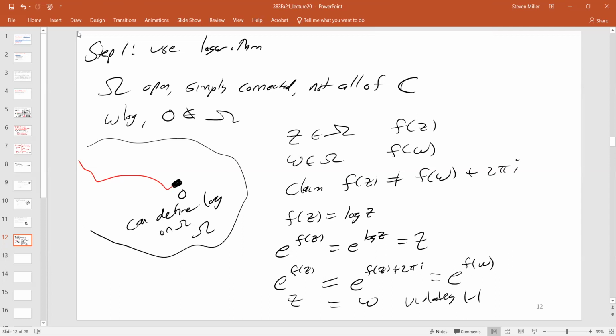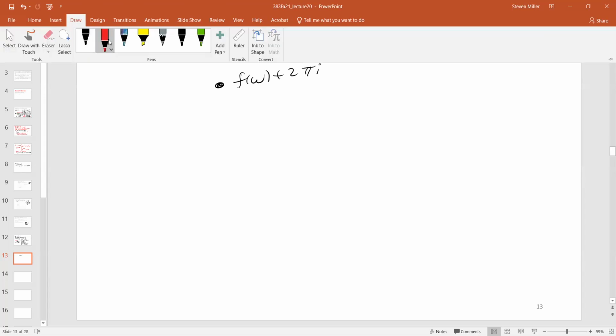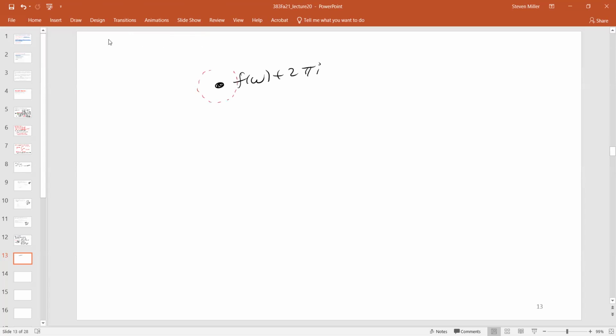So what you can basically do is you can go through and you can say that if I take on the value f of z, there's no other input such that f of w is 2 pi i plus f of z. And what the book then goes through and says is, well, look, here is some point f of w plus 2 pi i, which we don't obtain. No value of z maps to this. In particular, we can draw a small little ball about this, and nothing is mapped in here.